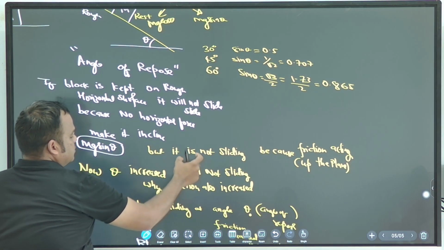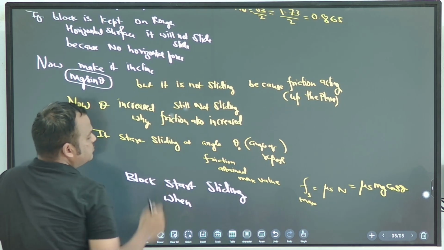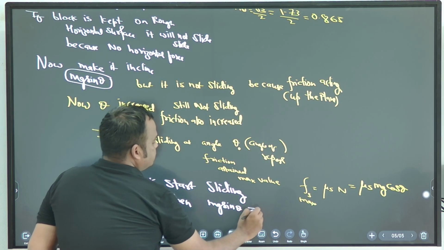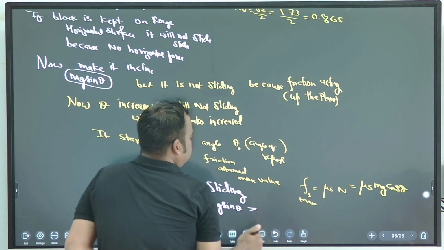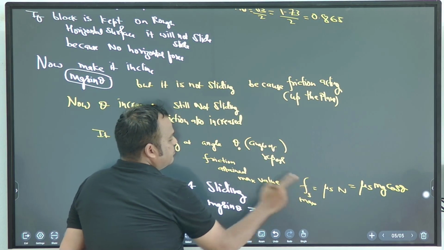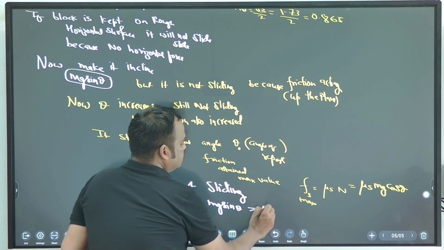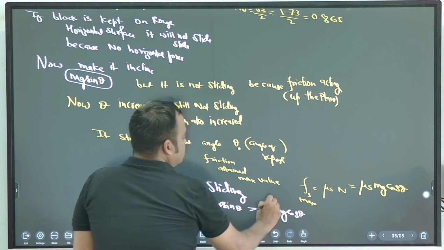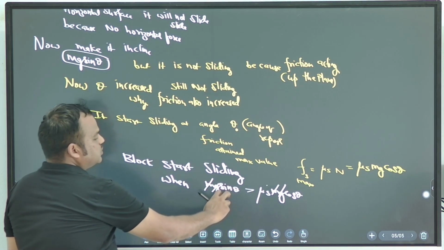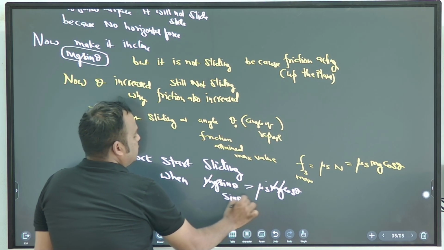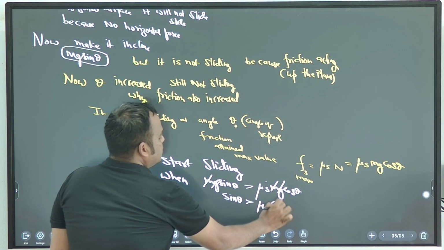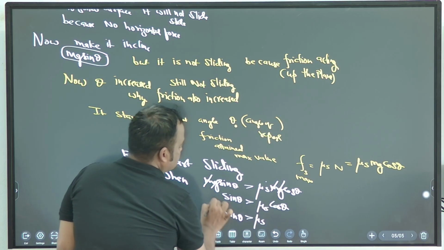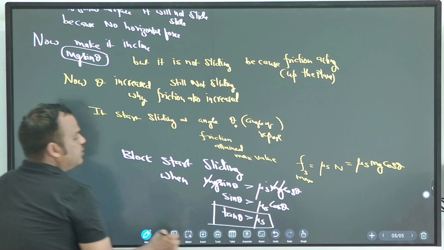So it will start sliding when mg sin theta is greater than maximum static friction, which is mu s mg cos theta. Mg cancels. So sin theta is greater than mu s cos theta. So tan theta is greater than mu s. So this is known as the angle of repose.